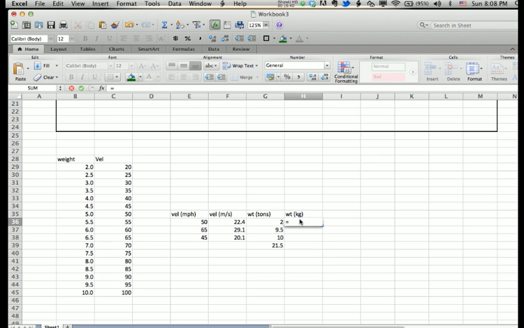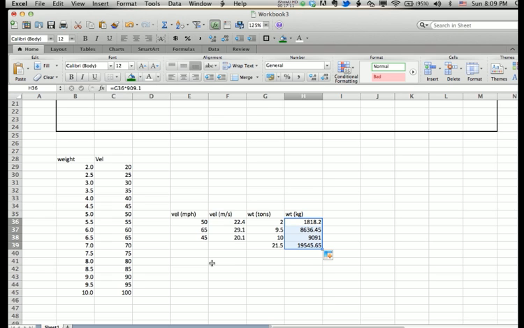So we're going to do equals, take this cell, which is in tons, and times that by 909.1 kilograms, return, and I can drop that down. Actually, I could drop that down even a little further and get the weight in kilograms for the total thing.